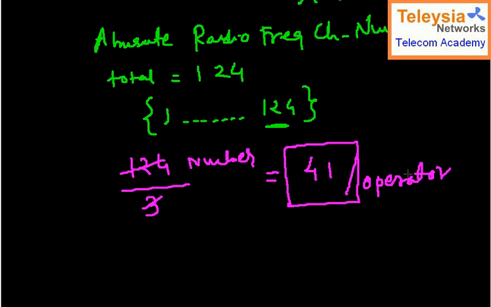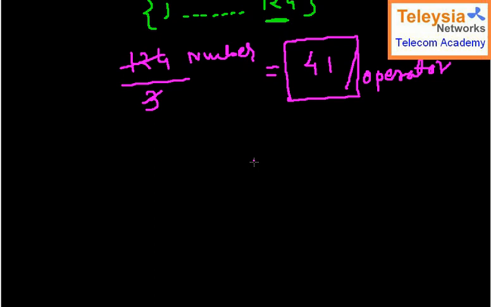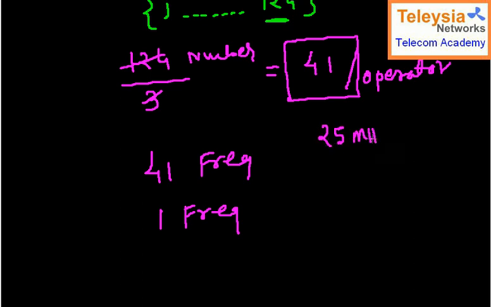Now in these 41 frequencies, I need to manage my network. What we did so far is we divided our 25 megahertz into small frequencies, and each frequency bandwidth is 200 kilohertz, and that way we got 124 usable frequencies.